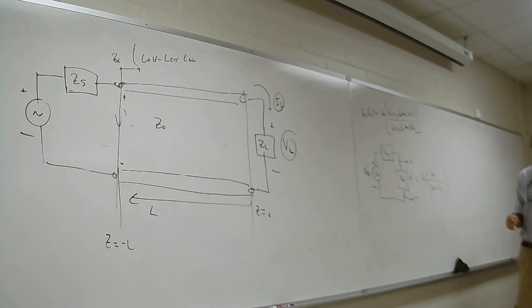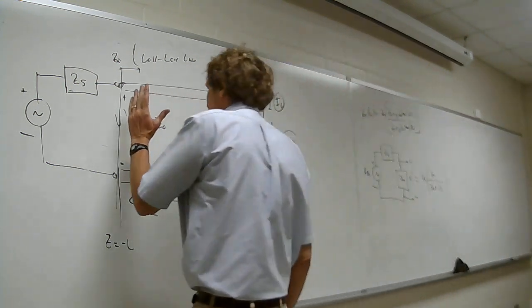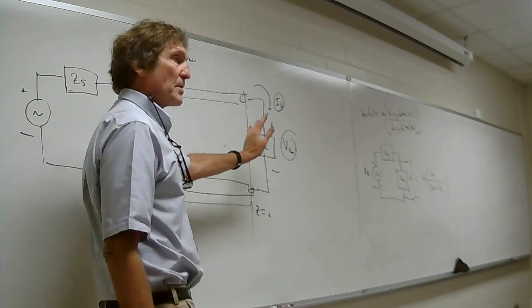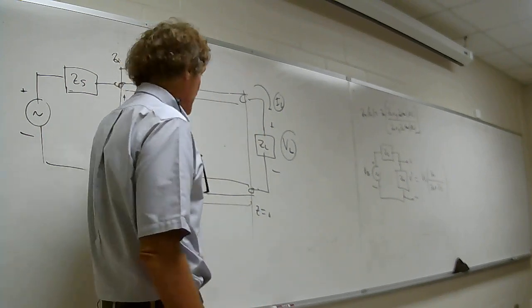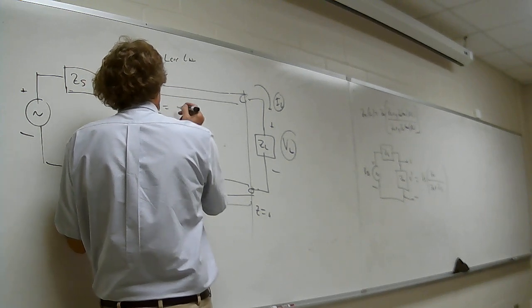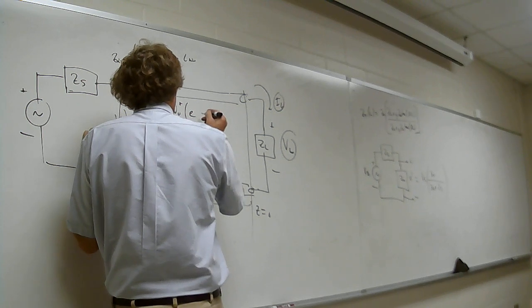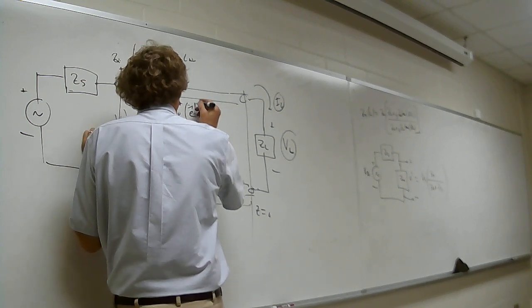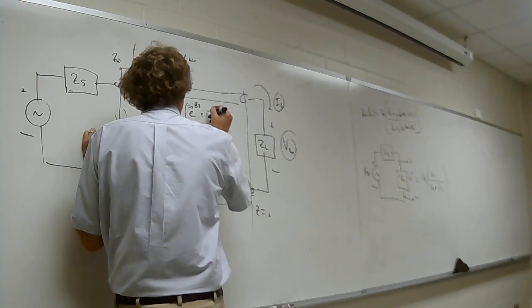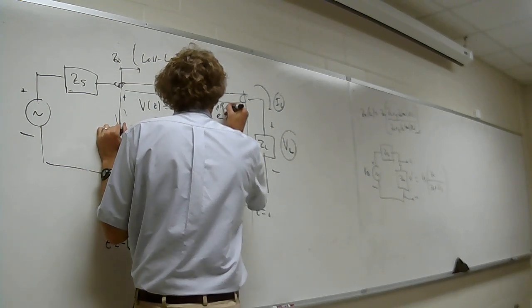Now, I know at that point, right here, that has to be equal to the sum of the forward and reverse propagating voltages. Remember, anywhere on this transmission line, I have V(z) equal to V0 plus times e to the minus j beta z plus the reflection coefficient at the load times e to the plus j beta z.